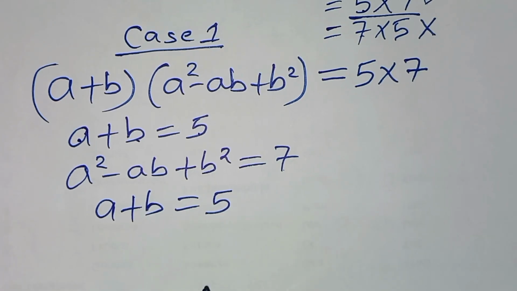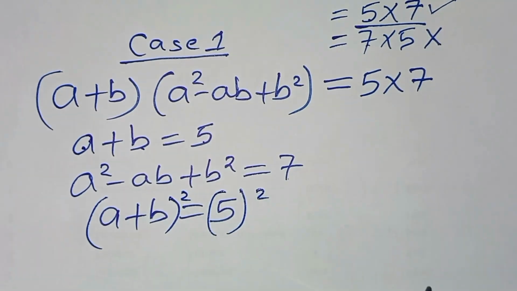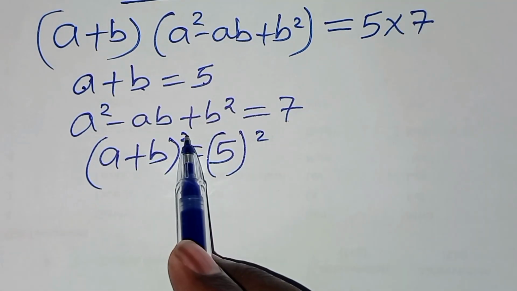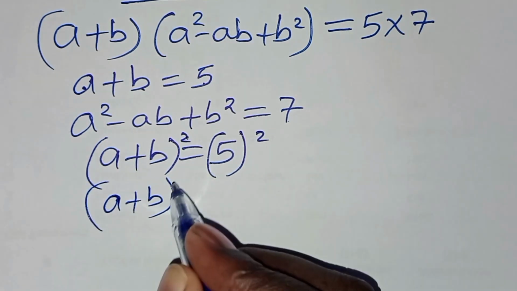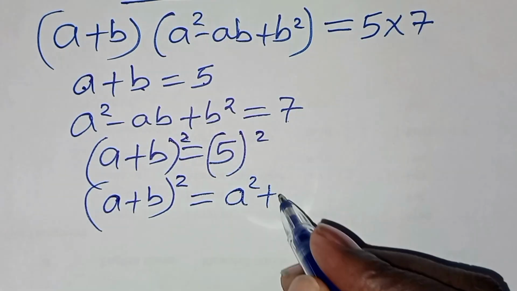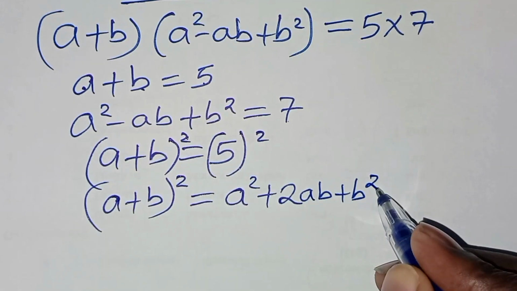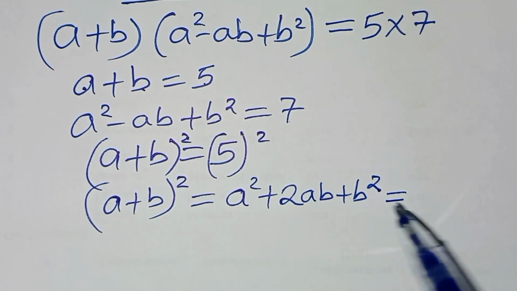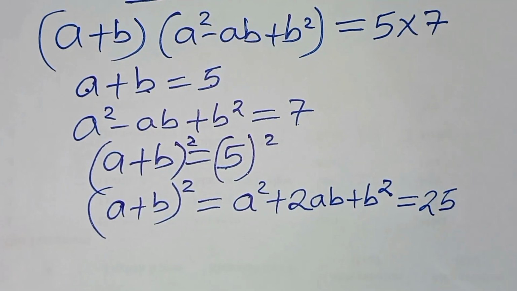So what we do here, let's square both sides, so that a plus b squared is the same thing as a squared plus 2ab plus b squared. Now this is equal to 5 squared, which is equal to 25.